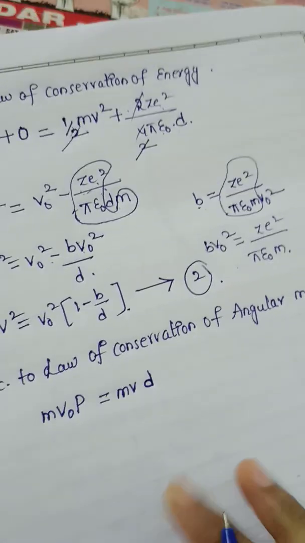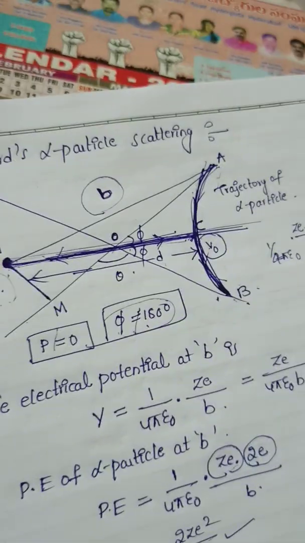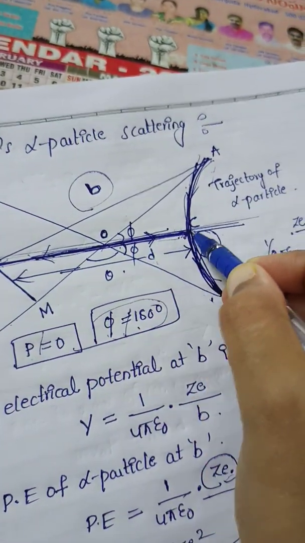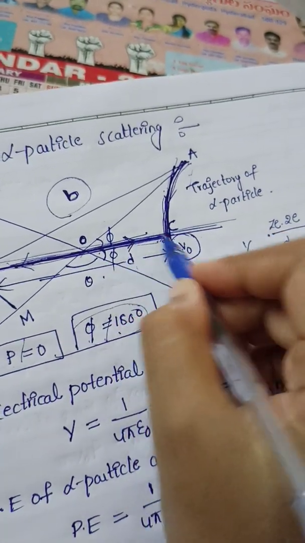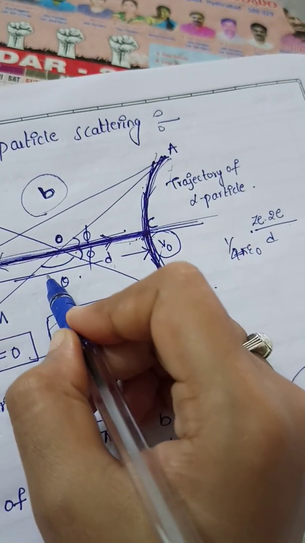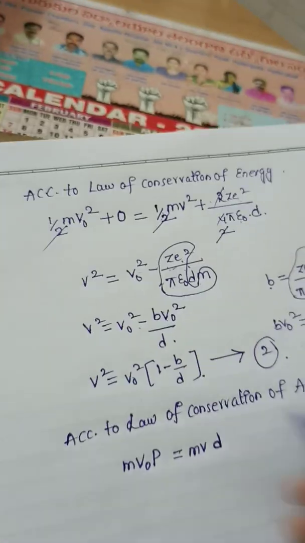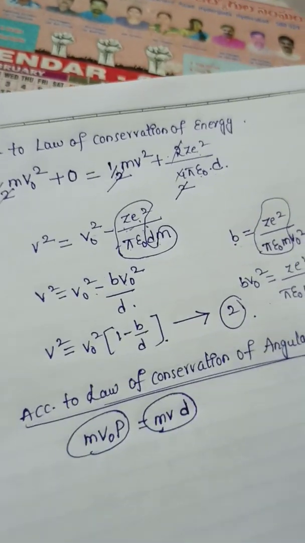Here d is the distance of the hyperbolic path, p is the distance of the normal straight line path. This is a straight line path and this is a hyperbolic path. The hyperbolic path distance is d into mv, and the normal path distance is p and velocity is v naught, that is m v naught p is equal to m v d according to the law of conservation of angular momentum.